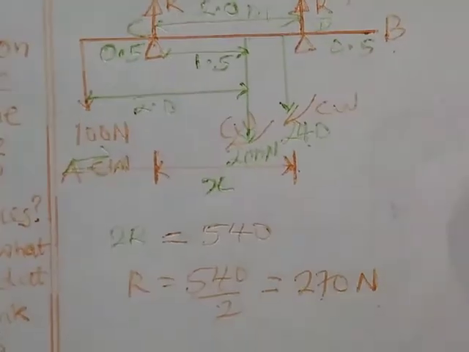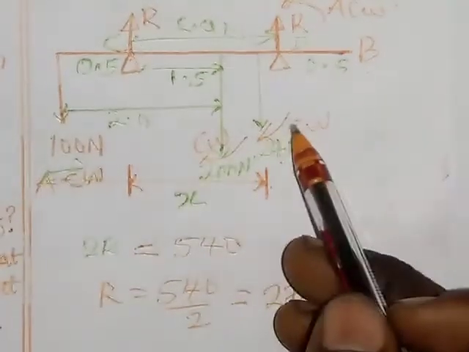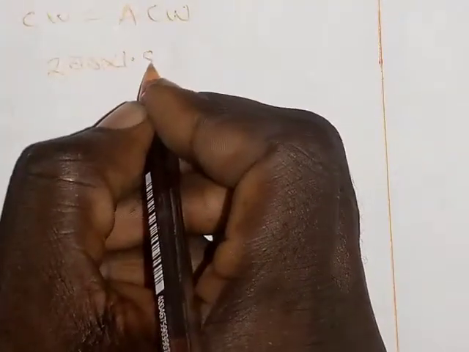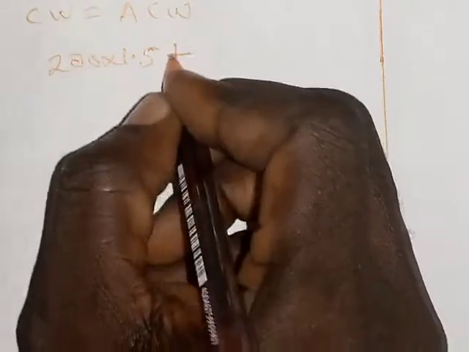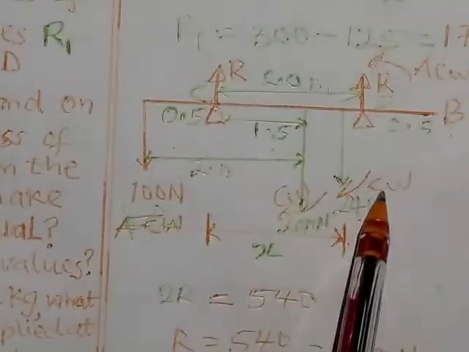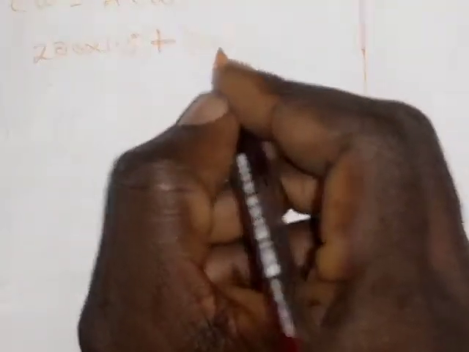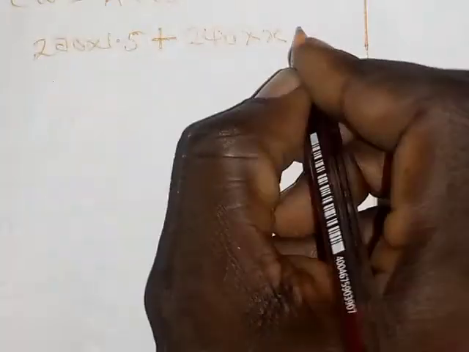So now let's get the moment. So I've already done this out, so I can do this by taking the moment now. So our clockwise moment is 200 times 1.5 plus, so this is also clockwise, that's 240 times x. So I have 200 times 1.5 plus 240 times x must be equal to the anti-clockwise moment.